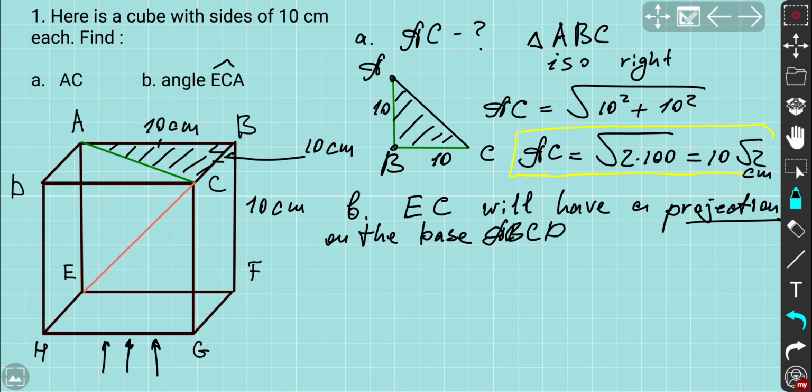In this case, it's the same. If you consider segment EC as a vector, that's going to be the projection on that plane, which is here, ABCD. All right, so I hope you understand. If not, make sure you watch that video about vectors and their components. It's highly recommended.